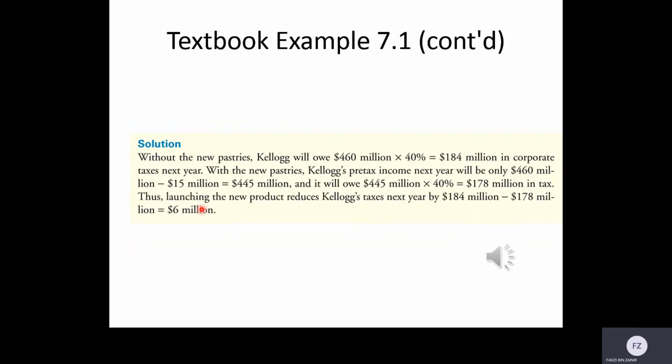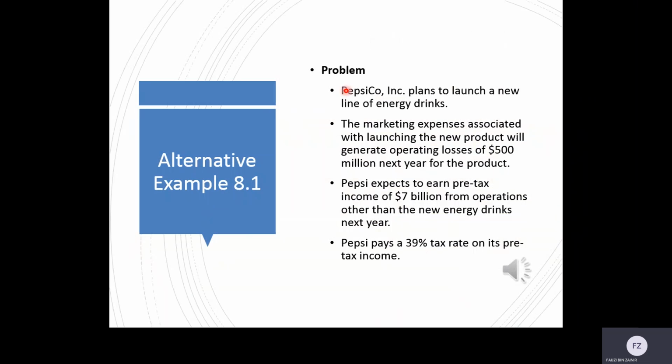Another example: PepsiCo Inc. plans to launch a new line of energy drinks. The marketing expenses associated with launching the new product will generate operating losses of 500 million next year. Pepsi expects to earn pre-tax income of 7 billion from operations other than the new energy drinks next year.